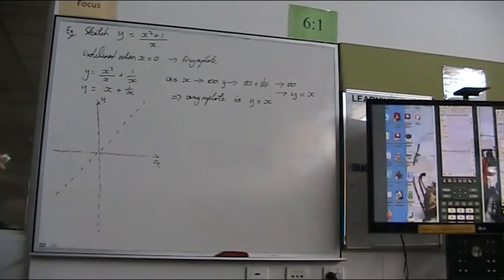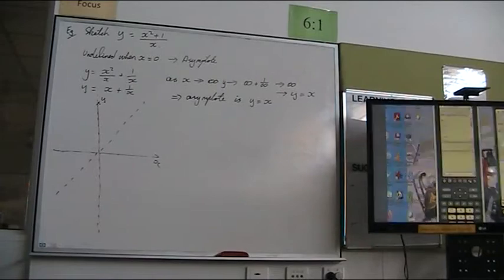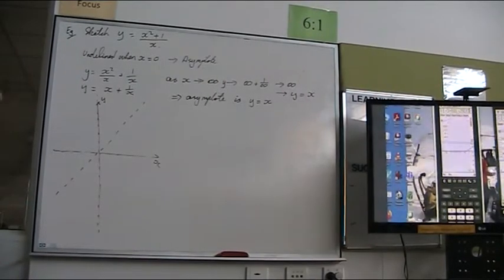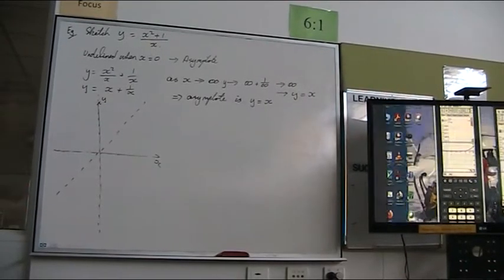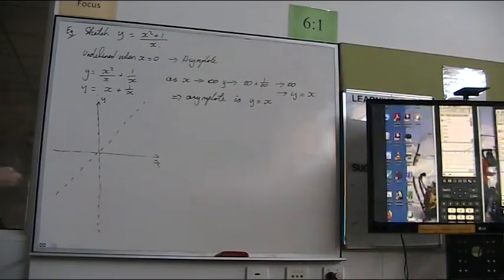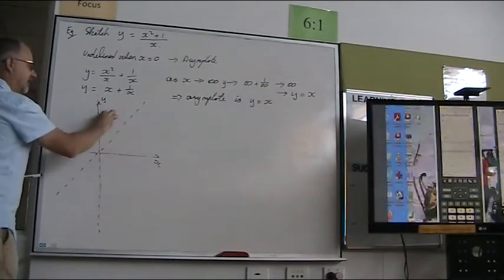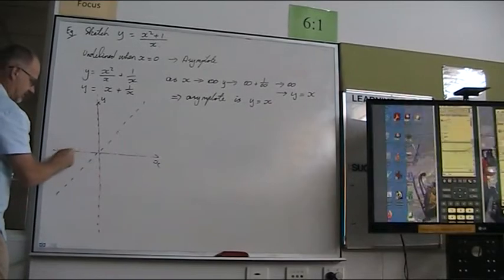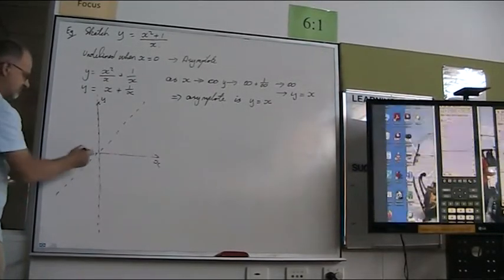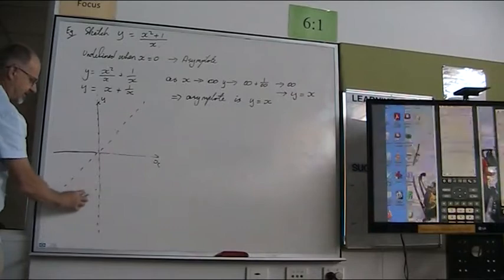So the question is, whereabouts does our graph go? Any ideas? Because we've got a section here, section here, section here, another section down here.